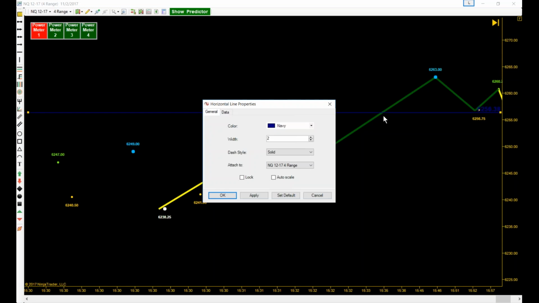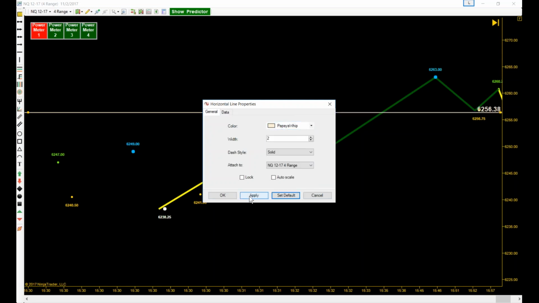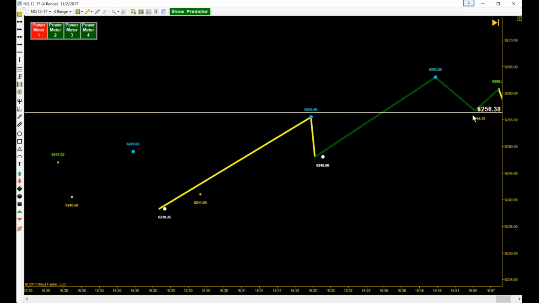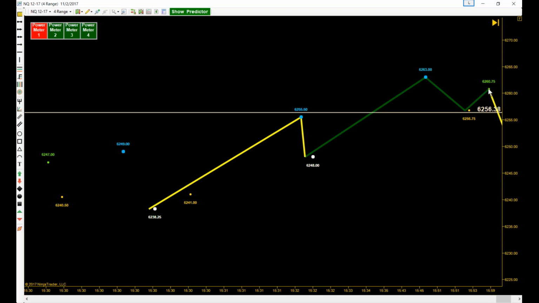Let me make that a little lighter so you can see it. Okay, you have a swing here. So now, if this breaks, isn't that your new identified swing? But instead of being an identified swing to the upside, it's an identified swing to the downside, right?